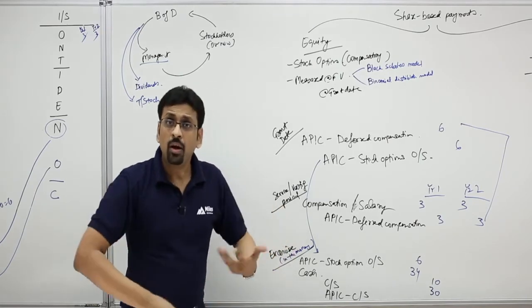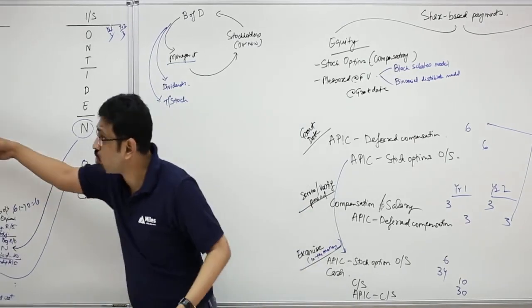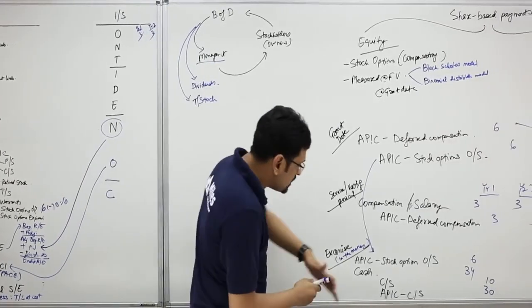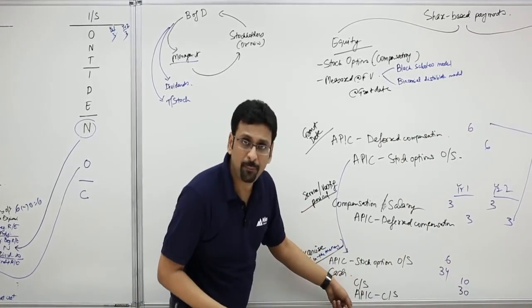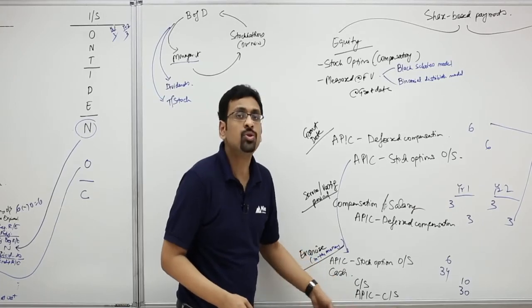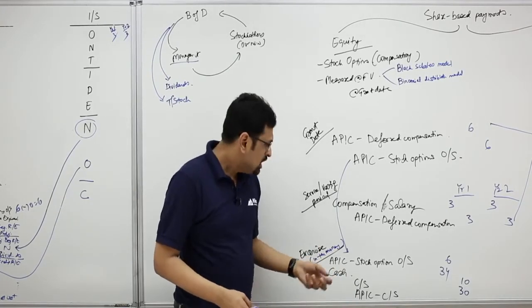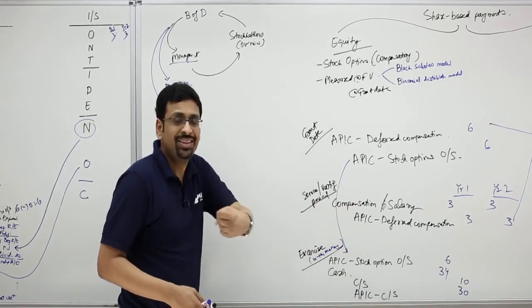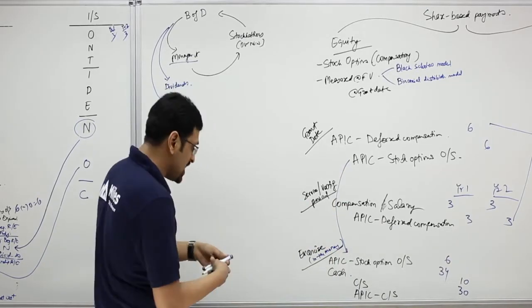Now remember when we had issued common stock for cash, the journal entry was cash debit, common stock credit, APIC common stock credit. So APIC common stock was credited in excess of par. So let us say if this stock, instead of being issued as an exercise of an option, it was issued out for cash $40.